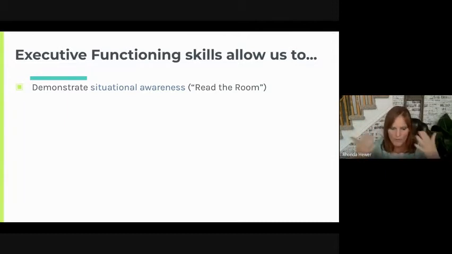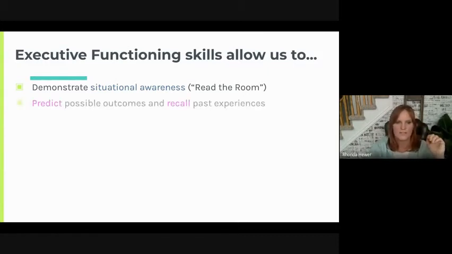I know you're already thinking about those students who are walking in and not reading the room, like the student who walks in late and totally disrupts the class. Students who don't seem to learn from repeated experience are probably struggling with some form of executive functioning. It also allows us to predict possible outcomes and recall past experiences. That predictability is pretty big when it comes to helping students understand what this looks like.